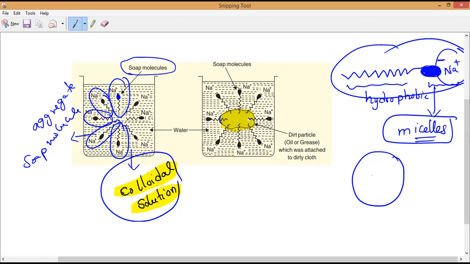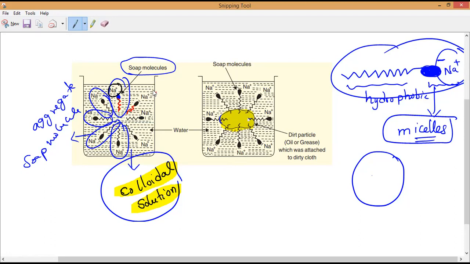You can see everywhere that all the ionic part is directed outwards, and the hydrocarbon tail part is always inwards.